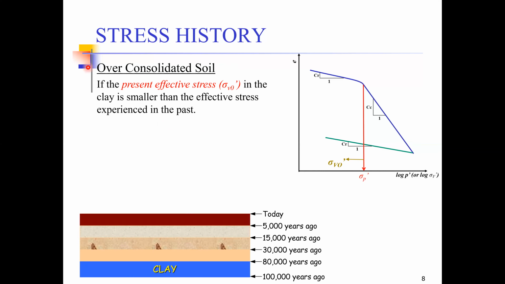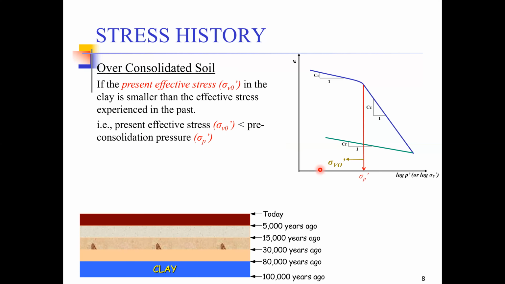So the simple definition of an over-consolidated soil is that the present effective stress is smaller than the effective stress experienced in the past. What it means is the present effective stress is smaller than the pre-consolidation pressure. What is the pre-consolidation pressure? Pre-consolidation pressure, we already defined, is the maximum pressure that has been experienced by the soil in its past history.